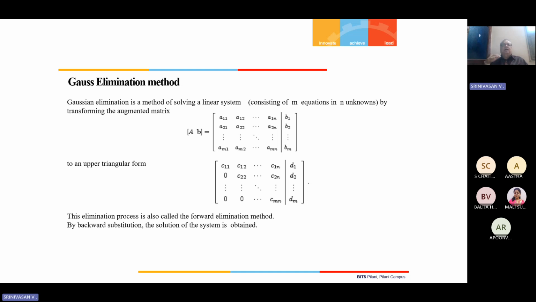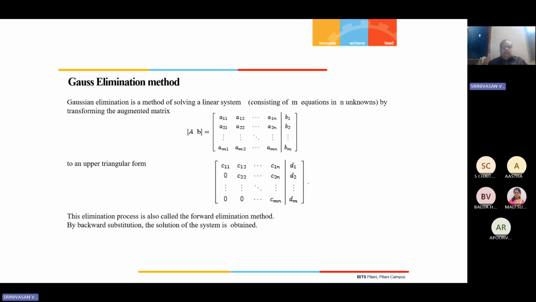These all form part of your elementary row operations. What is happening actually by this kind of elementary row operation? We are eliminating the coefficients of x, y, z in the echelon form.